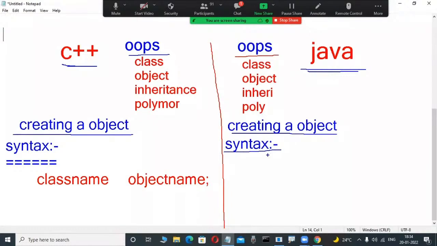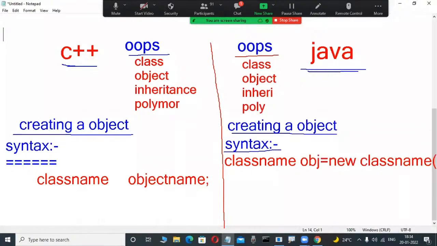Some fellows are telling it correctly: class name, space, object name equals new class constructor. So are these two languages syntactically different or the same? Different. Conceptually the OOPS concepts are the same, but syntactically different.